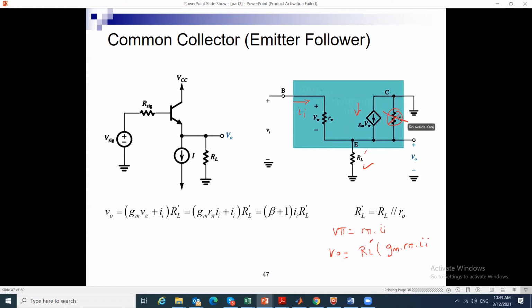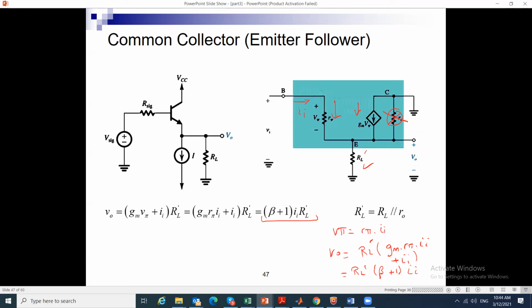This one, we bring the branch down, and it becomes RL prime. So it is RL prime times the sum of those two currents plus In, which is equal to RL prime times (gm Rpi plus 1) times In, and gm Rpi is beta. Okay, so this is Vout. So it is (beta plus 1) times RL prime times In.